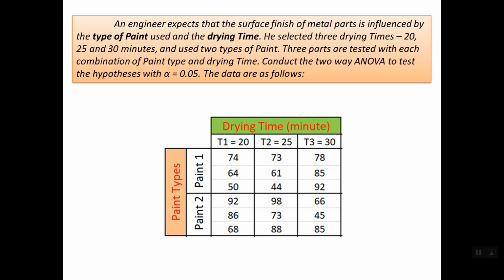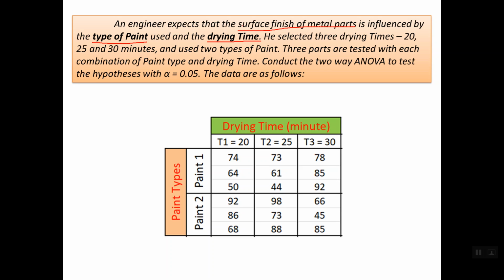This is our question. An engineer expects that the surface finish of metal parts is influenced by the type of paint. So this is the first factor, type of paint used, and the drying time. And this is the second factor.